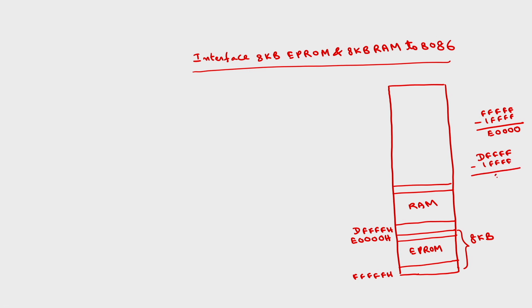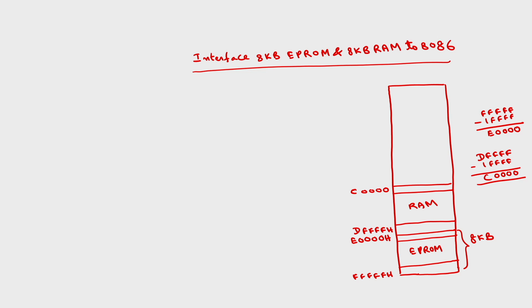This will be C0000H to DFFFFH. Now, in order to interface this, we have to write the memory map of these particular addresses.